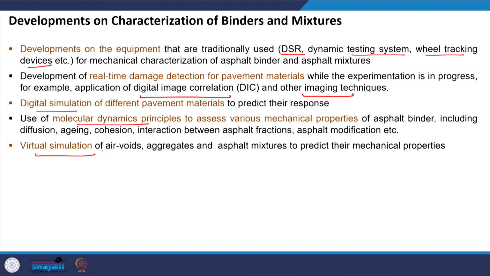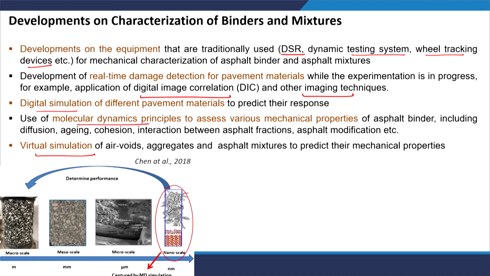Researches are being done to virtually simulate asphalt mixture, which means artificially we can make an asphalt mixture for a given gradation, for a given binder type, for given air voids, and the response can also be virtually assessed using various other techniques. So, this shows how the molecular dynamic simulation can be used.